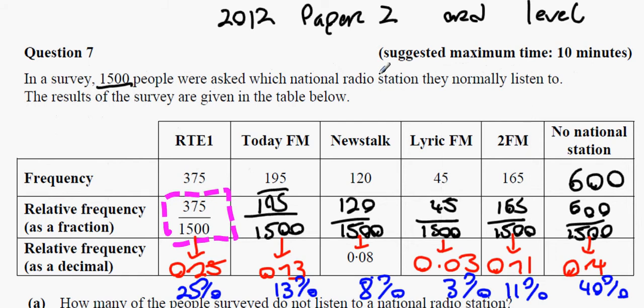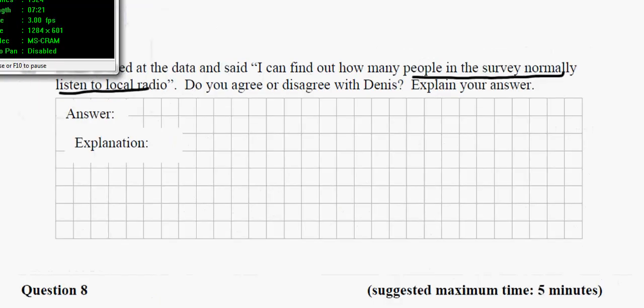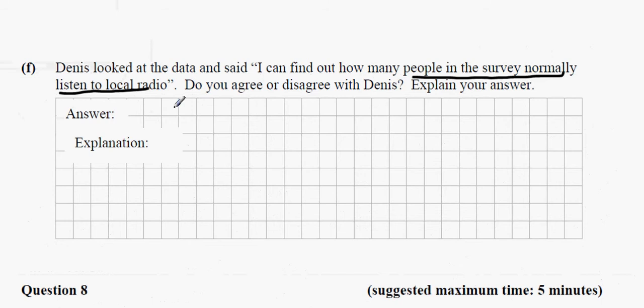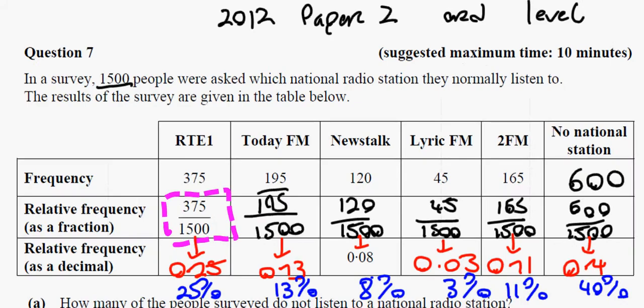It depends on what they mean by local radio. What Dennis is talking about is local radio. Local radio means not national radio. These stations here are national radio stations. What Dennis thinks is that by taking this away, he can say that 600 people listen to local radio stations.